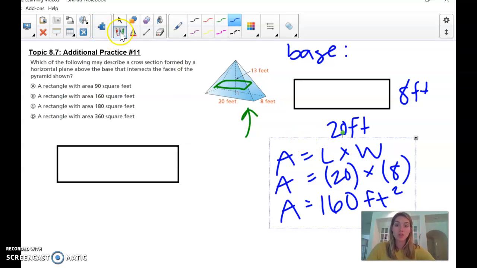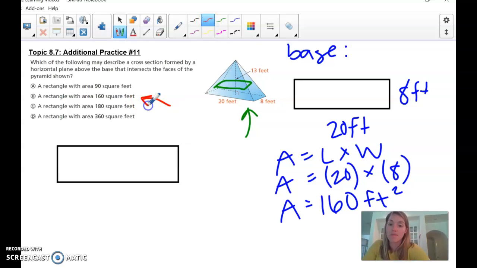So really, we're just looking for anything that is less than that. Which of the following may describe a cross-section? 160 feet squared is going to be the area of the base, so it can't be this one. It can't be anything bigger than that, because as we cut into this pyramid, that rectangle is going to get smaller and smaller and smaller.